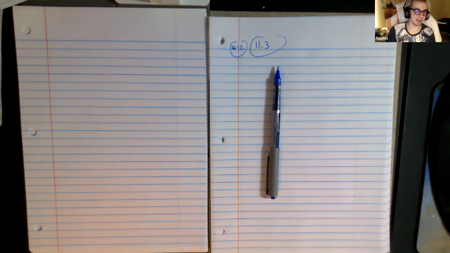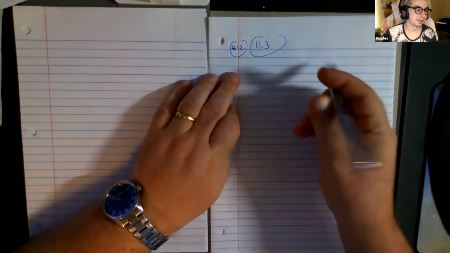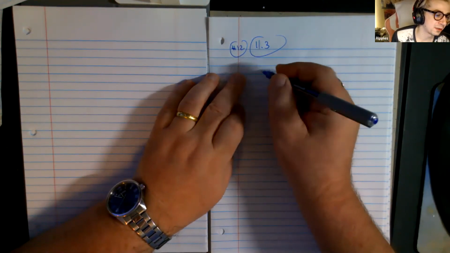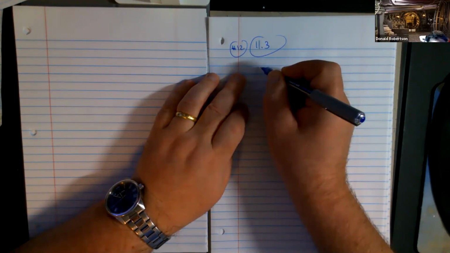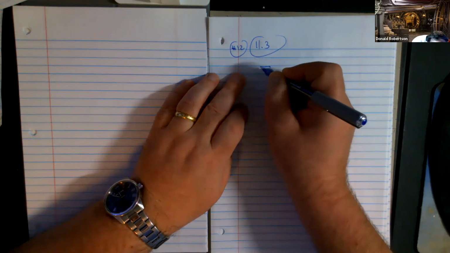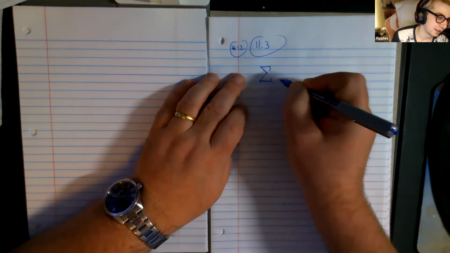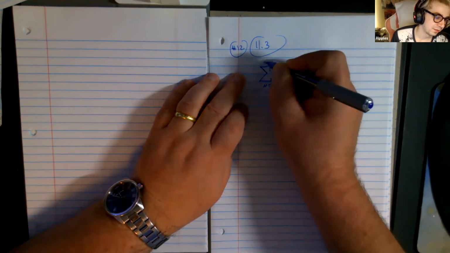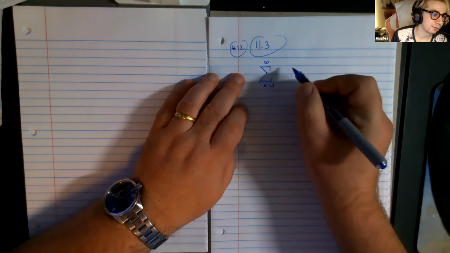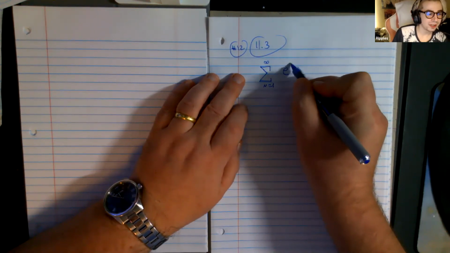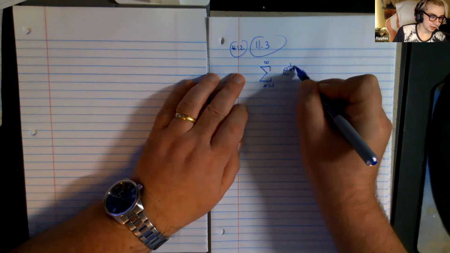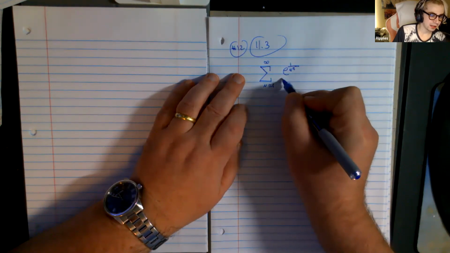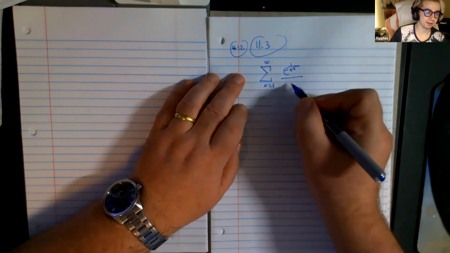All right, I have the question. It says determine whether the series is convergent or divergent. It's the sum from n equals 1 to infinity of e to the power of 1 over n to the 9th power, divided by n to the 10th power.